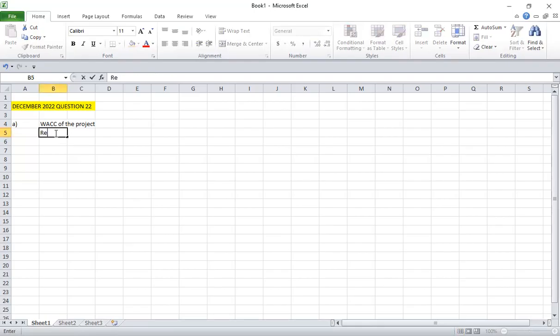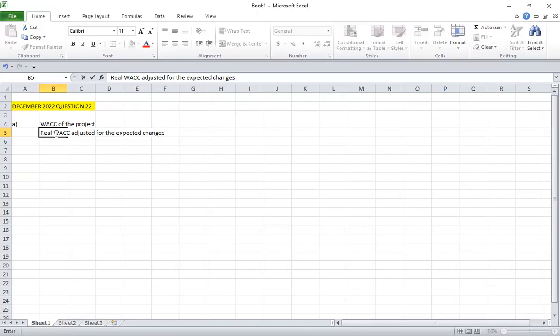So we shall compute it as the real adjusted for the expected changes.